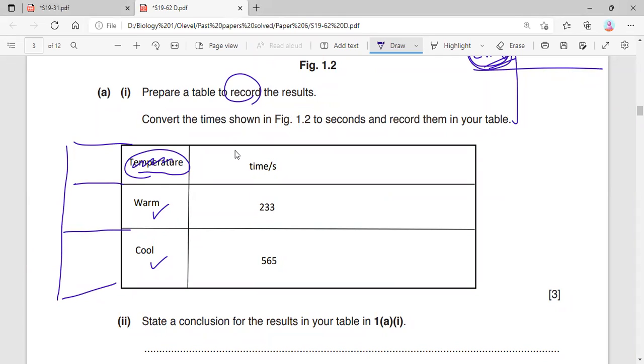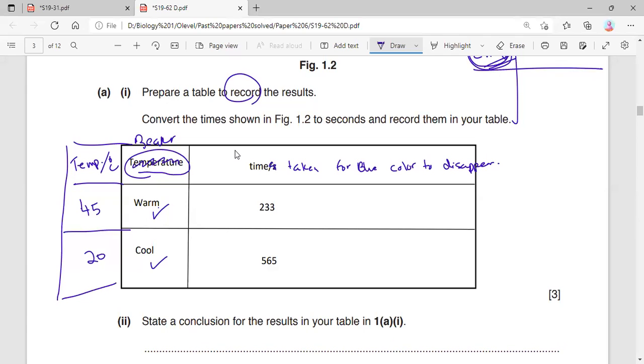We can write here beaker. This is the warm and this is the cool. And we can write here temperature in degrees Celsius, because he gave me the temperature. Here it was 45 and then it was 20. And then please write the full title: time taken for blue color to disappear.